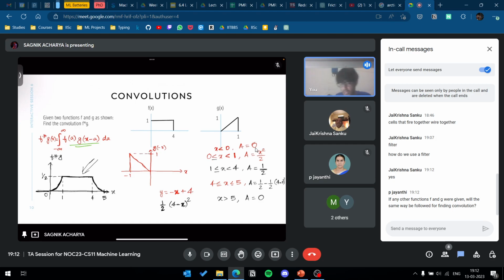But if the functions that are given are very complex, then instead of doing all this area thing, just do this integration. That is easier, right? It's not difficult. You'll be given f of x and g of x. Say f of x is x square, g of x is some weird function, so x cube or something.